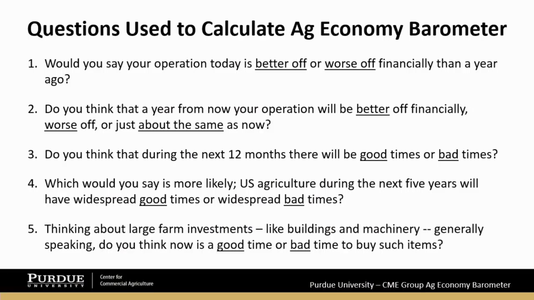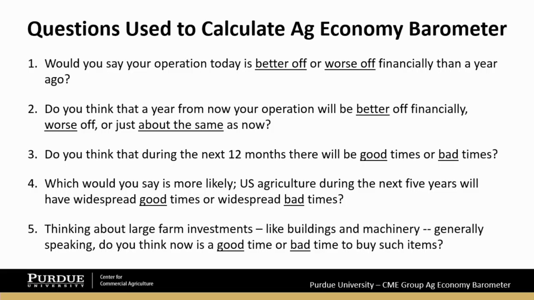Yeah, so here you can see that these are the first 5 questions that producers will answer when they get on the phone. 2 of these questions are very focused on the current situation that they're facing, how their farm and their view of agriculture is today. And 3 of those questions have a future focus. These questions, and this methodology, have been carefully perfected by the University of Michigan in their Consumer Sentiment Survey.